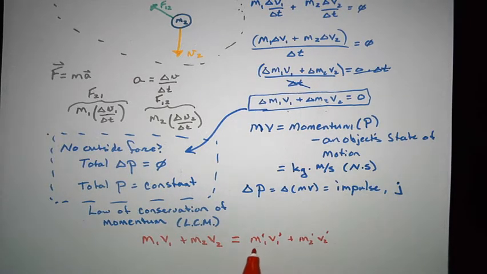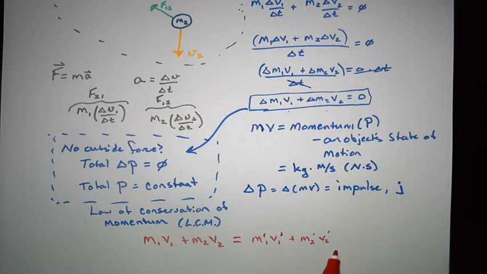In other words, let's say they exchange mass. If they exchange some mass, then it's their new mass times their new velocity. But the statement stays the same: the amount of momentum that they have before a collision equals the amount of momentum they have after a collision.